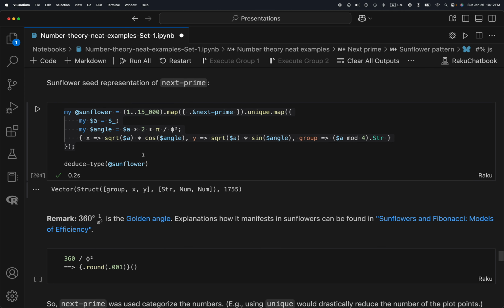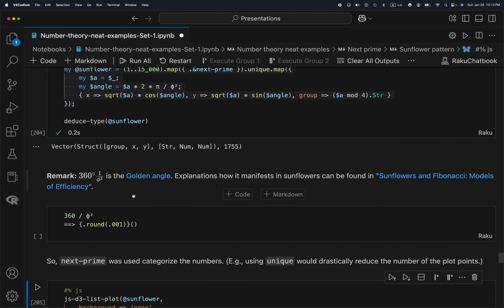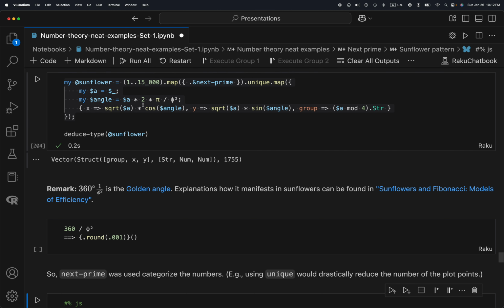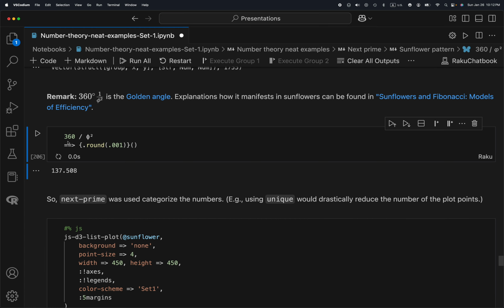This is a standard way of making the sunflower patterns. This phi is provided by the package. This is the golden ratio, and 360 degrees divided by phi squared is the golden angle. Here it's in radians, and so the golden angle is about 137 degrees.